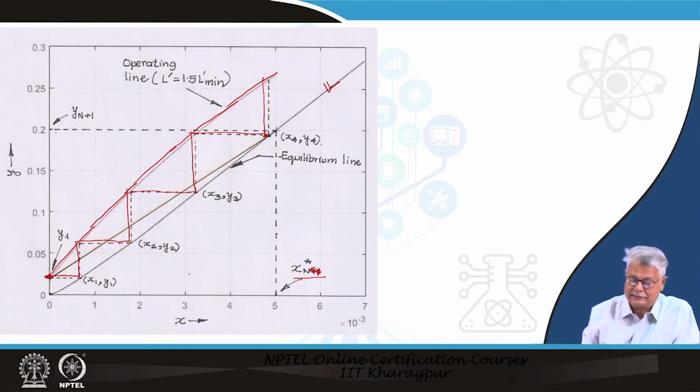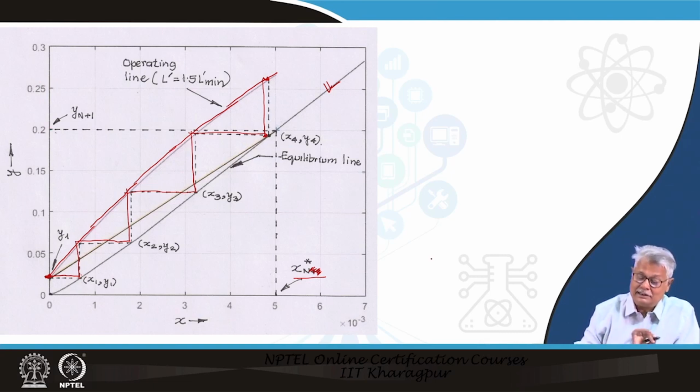In this specific case, how many stages have we considered? We have considered 1, 2, 3 and 4. And in the fifth stage, if I go, the fifth stage allows me to have, instead of 0.2, possibly something around 0.26 inlet concentration.